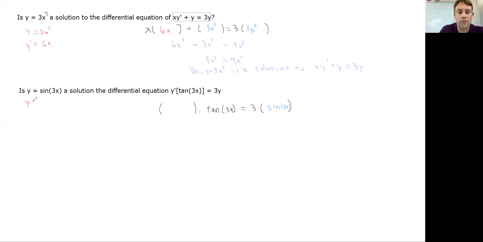For the derivative of sine, we're going to do a little chain rule. The derivative of sine is cosine, so it's the derivative of the outside times the derivative of the inside. If I rewrite this, it's 3 cosine 3x.